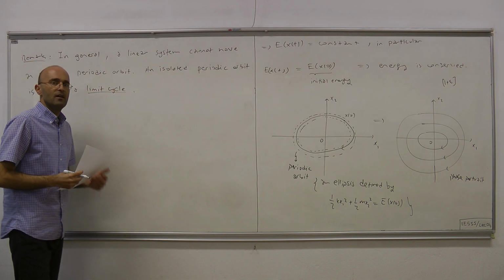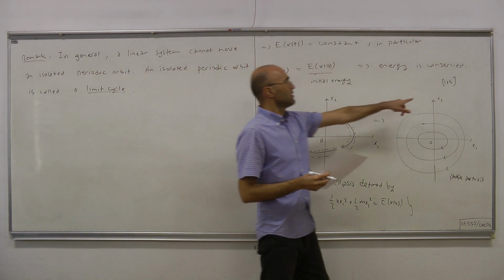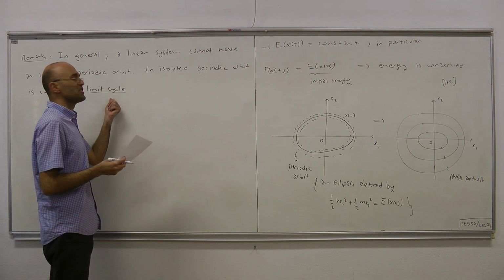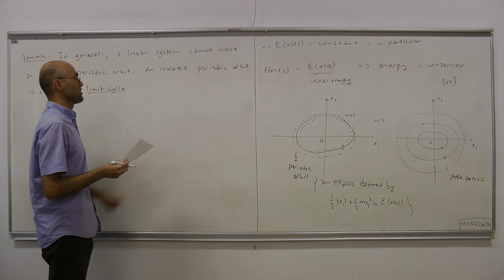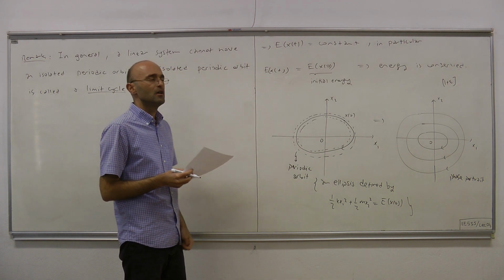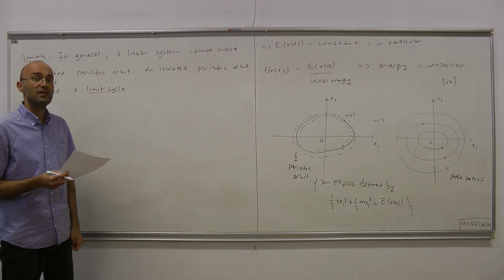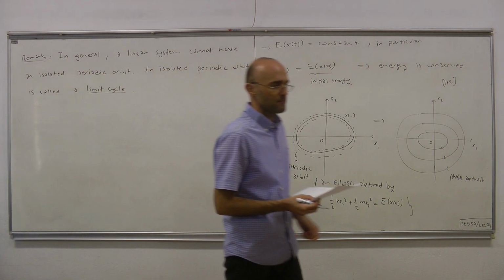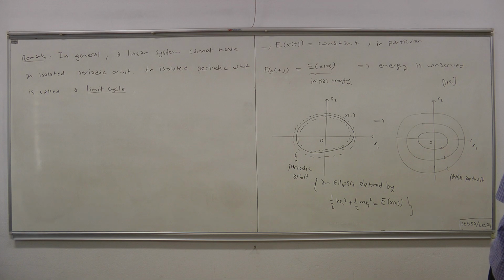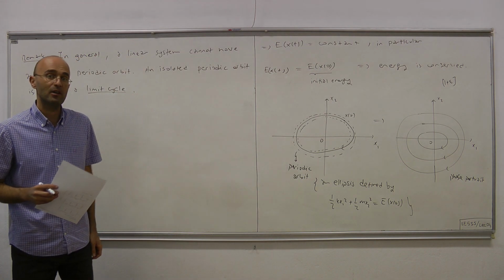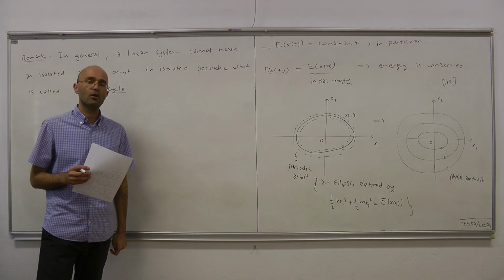Now, from this simple argument here, we're convinced that to obtain an example limit cycle, we cannot search in the linear domain. We have to move on to the nonlinear domain. And one such system that displays an isolated periodic orbit is something that we talked about already, namely the van der Pol oscillator.